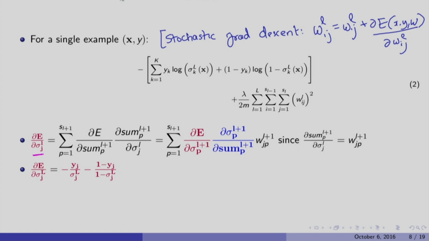What we have done here is expanded on this partial derivative. So this corresponds to the partial derivative of sigma p L plus 1 with respect to sigma JL.